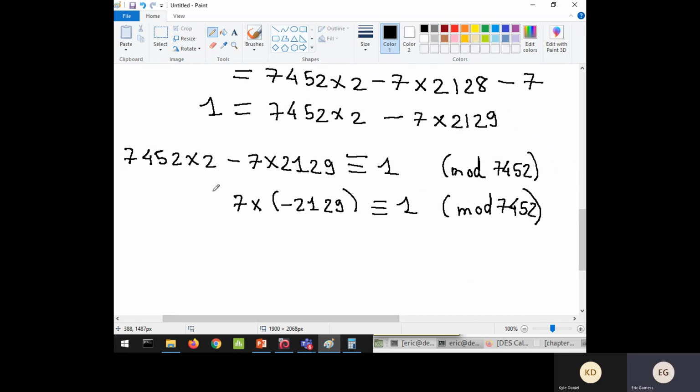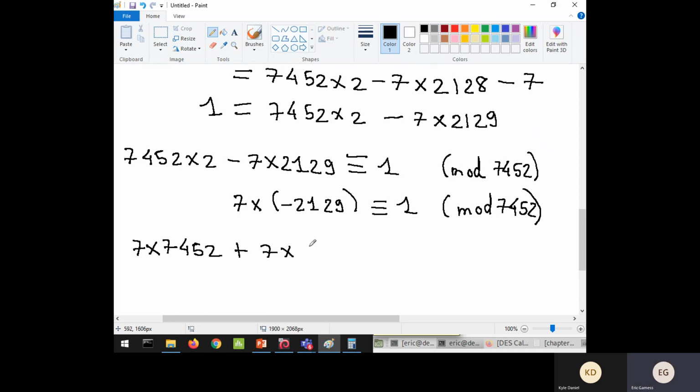So the way that I make this disappear, I can also add. What about if I add 7 times 7452? So I can make them disappear, or I can make them appear.